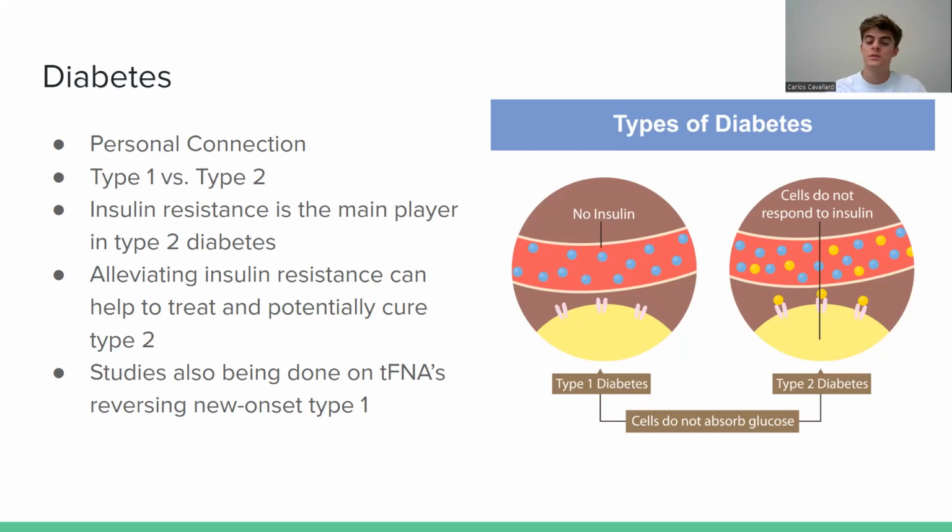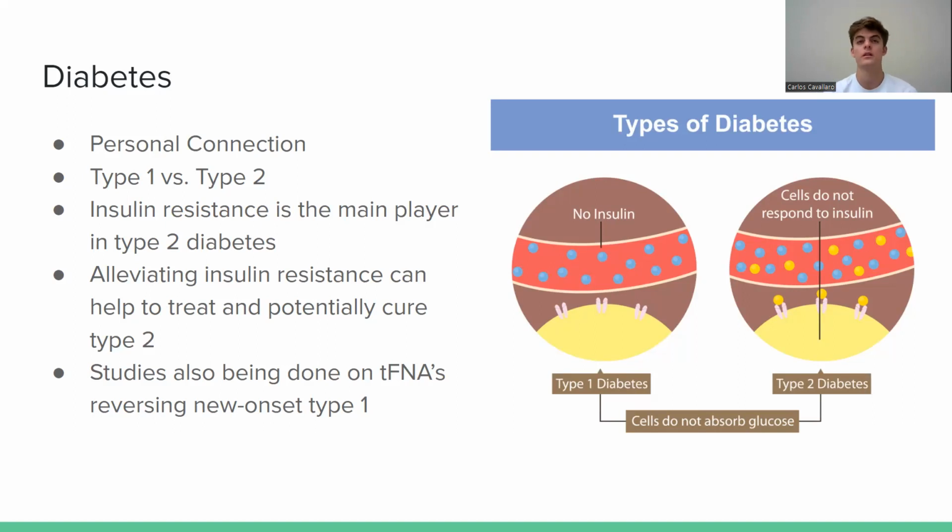For type 1, which is what I have, the pancreas simply does not produce any insulin at all. Therefore, if there is no insulin in the bloodstream, there is no way for the glucose to naturally get into the cells whatsoever, regardless of how functional the receptors are.